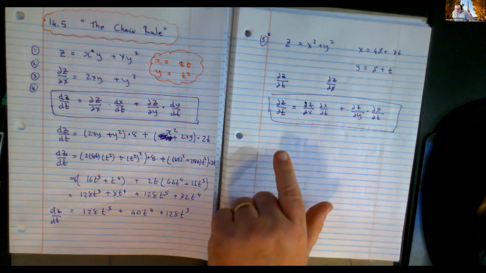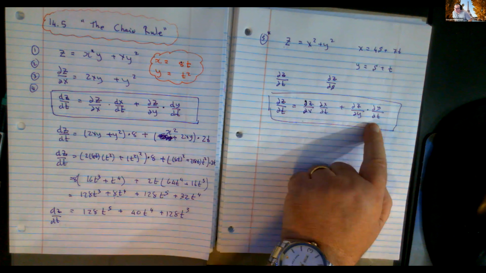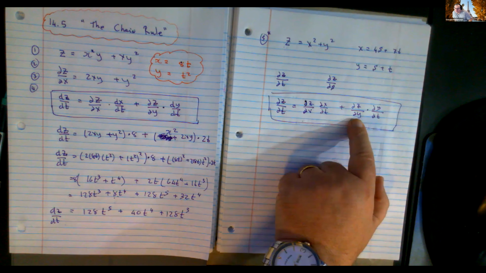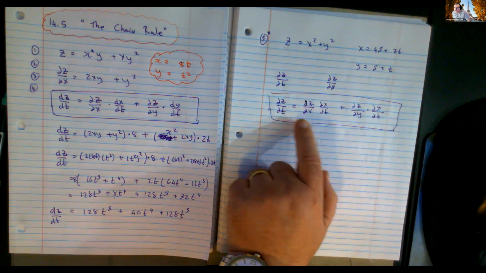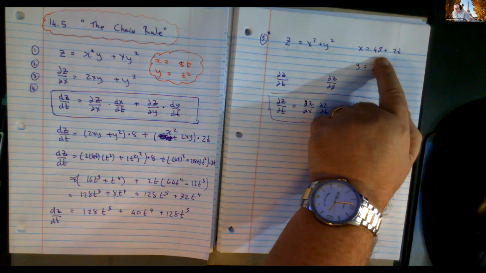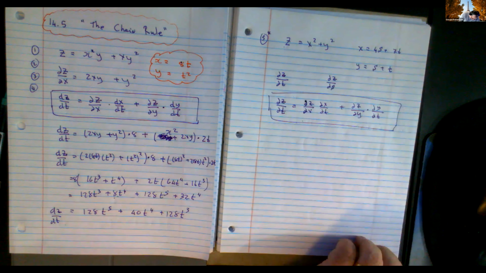Essentially, isn't this piece the contribution to the answer using x's, and isn't this piece the contribution to the answer using y? Now, do you notice that everything is now delta, there's no d's, and the reason for that is, isn't everything got more than one variable in it, right? So everything's a partial derivative. So let's see what we get.